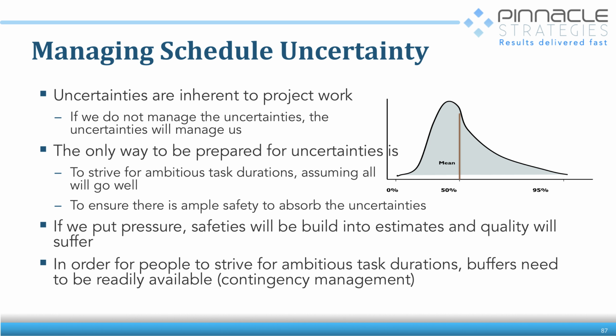We know that on a good day, it's going to take us X amount of time to accomplish a task, but in a project, who knows? It's weather, it could be a supplier, it could be engineering content, technical content, it could be anything that creates uncertainty about how long a task would take.